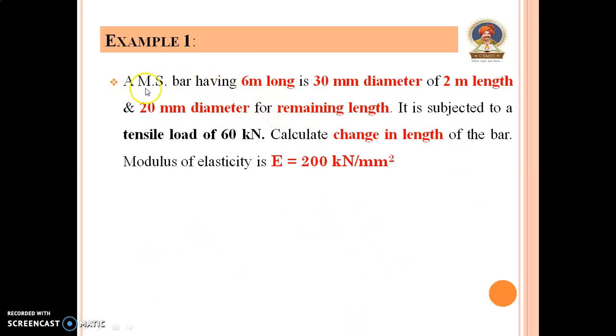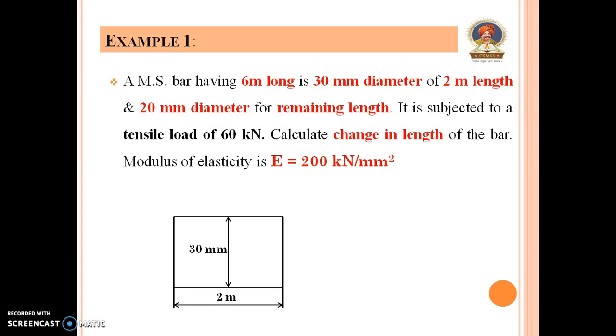So, the total length of the bar is 6 meter, out of which the 30 mm diameter part has 2 meter length and the 20 mm diameter part has the remaining length, that means 4 meter. So first of all we have to draw the diagram here. Here is the 30 mm diameter bar having 2 meter length.